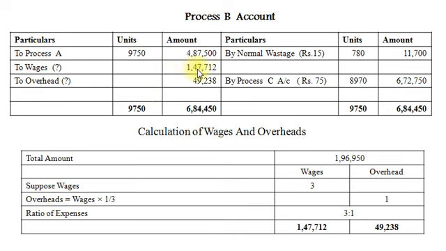Wages 1,47,712 and overheads 49,238, and our process B account is tally 9,750 units and 6,84,450 rupees. And now we will prepare process C account.